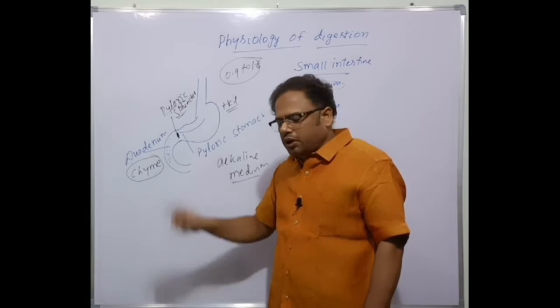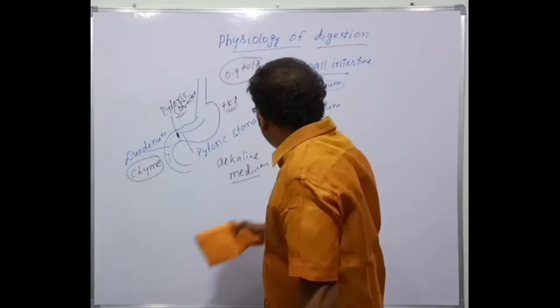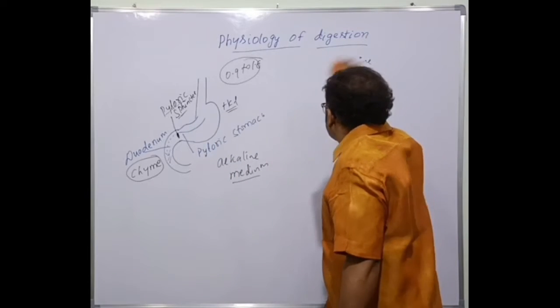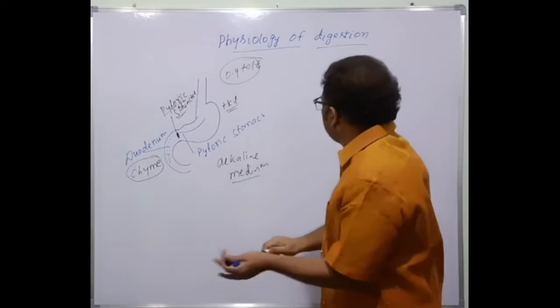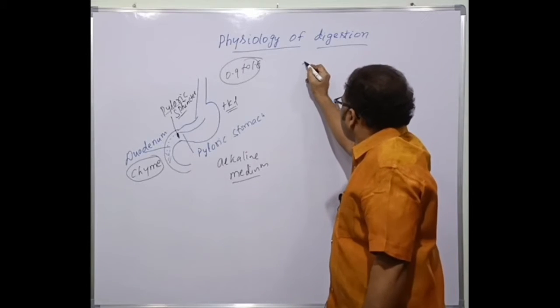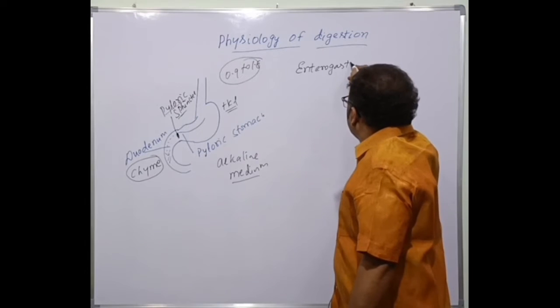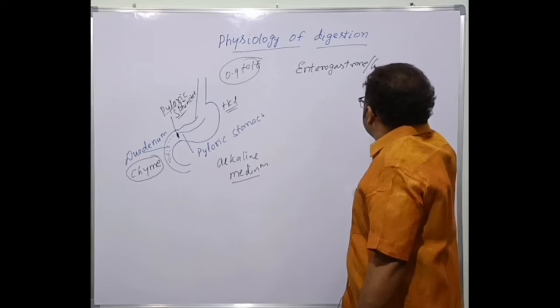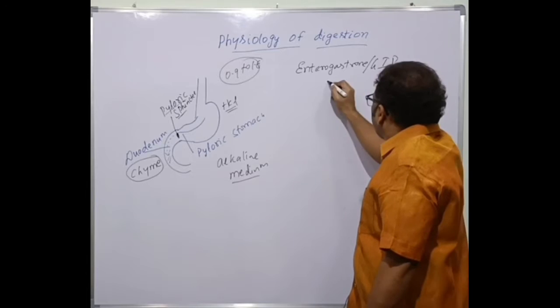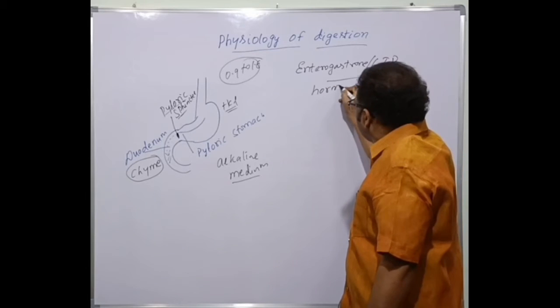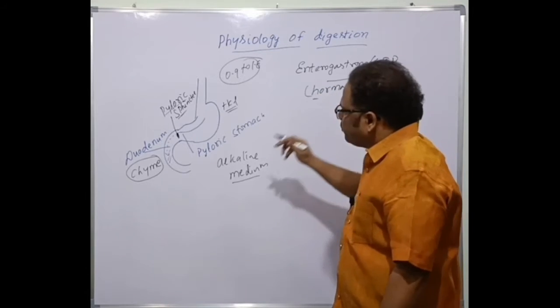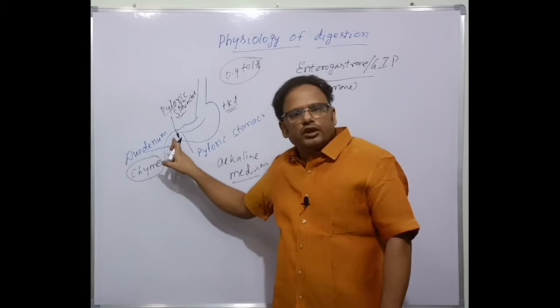That's why a very important hormone called enterogastrone, also called gastric inhibitory peptide, is released instantly by the epithelial cells of the duodenum.